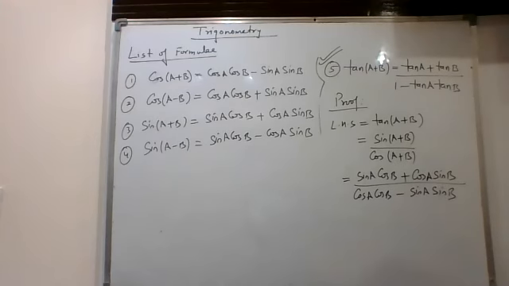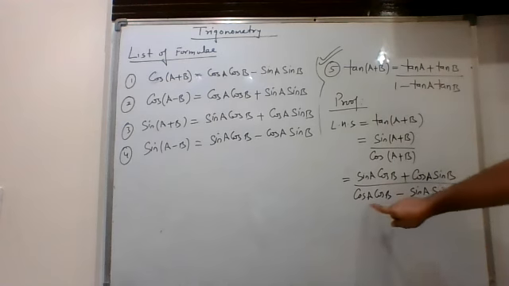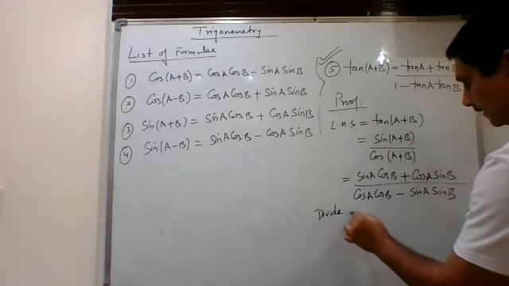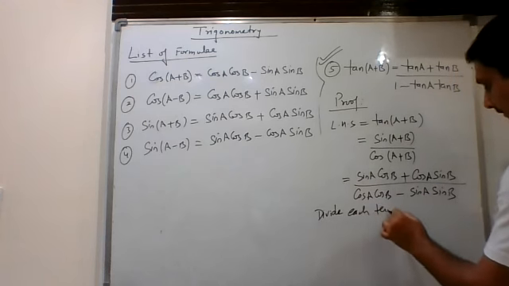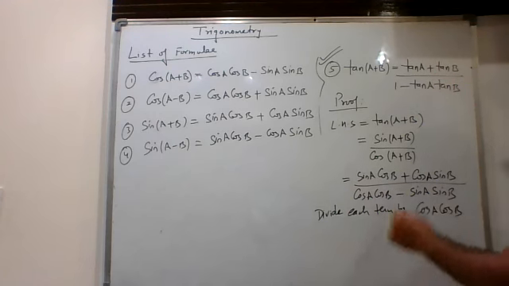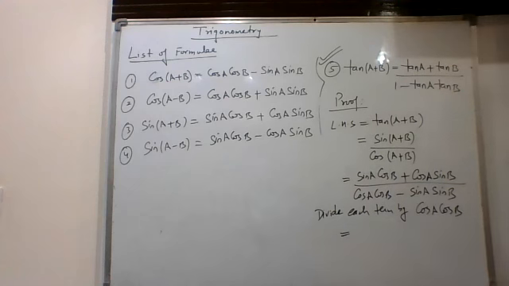Now if you realize one thing, here we want to get 1, and here it is written cos A cos B. So let us divide each term by cos A cos B, in the numerator as well as in the denominator.